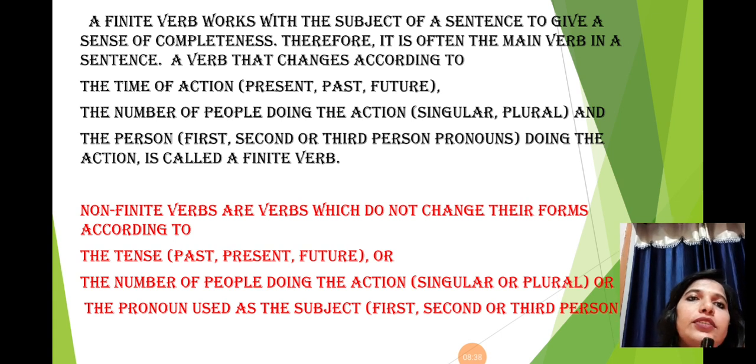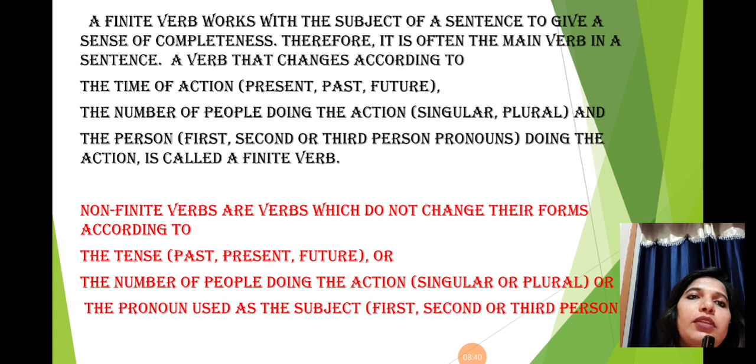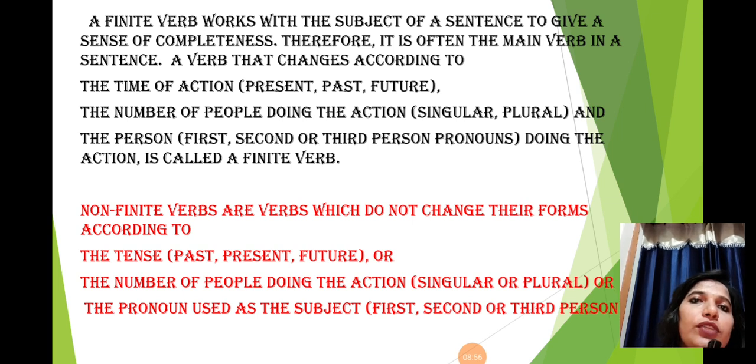Intransitive is somewhat similar, because they also change as per the tense, past, present, future; as per the number of people, singular or plural; and as per the pronouns, first person, second person.